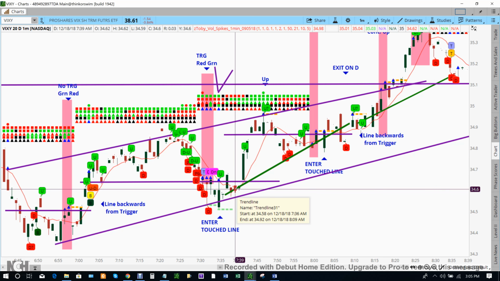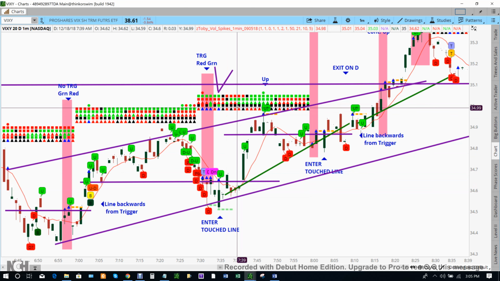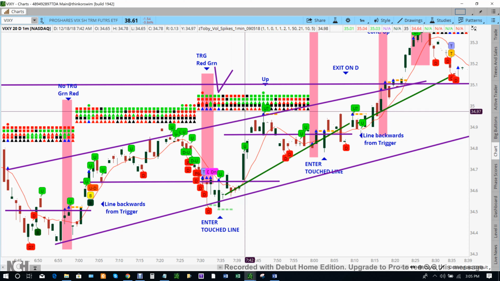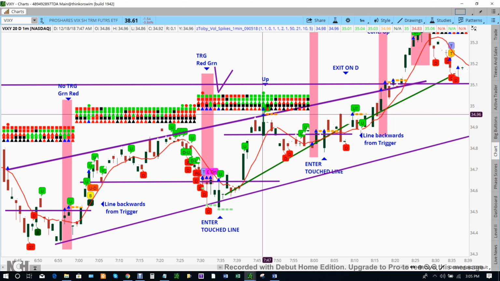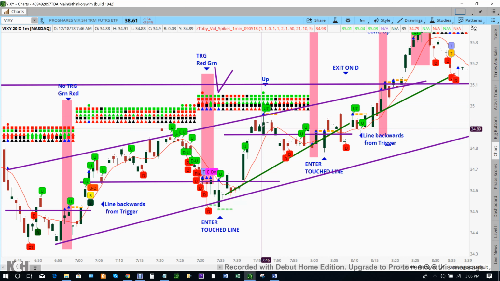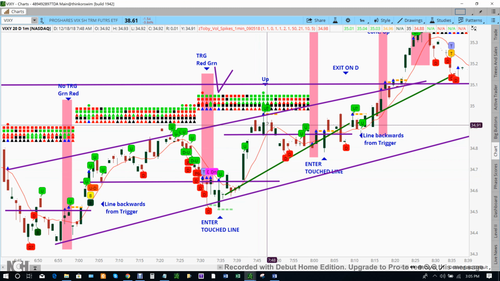The exit sign is, we don't care about red or black triangles. Those are the volumes. We're looking for a blue volume. Now there's a blue volume right here, and it's a green momentum above it. So what that's saying is it's still going to go up.